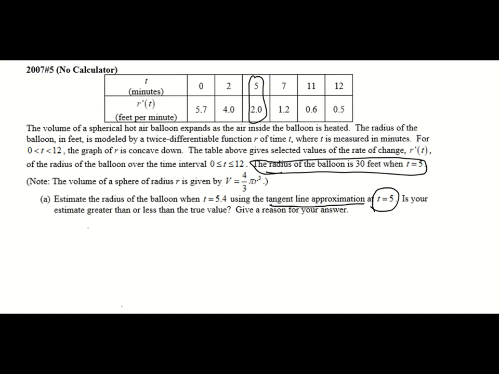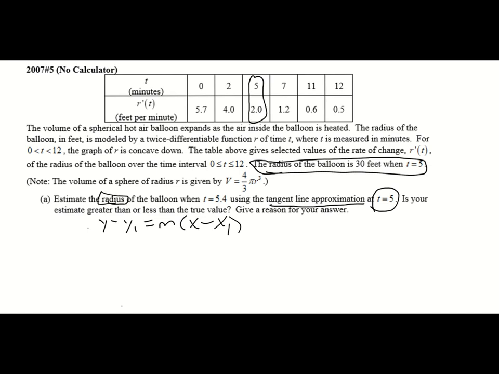So normally we go y minus y1 equals m times x minus x1, which is fine. You can do that. However, this problem is really about time for the independent variable and radius for the dependent variable. We're trying to estimate the radius instead of a y value.